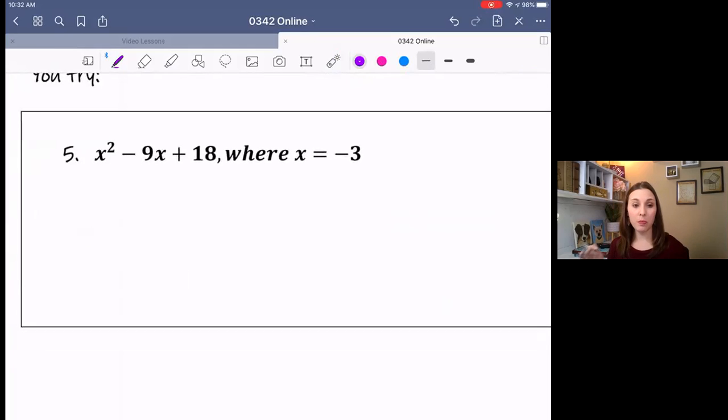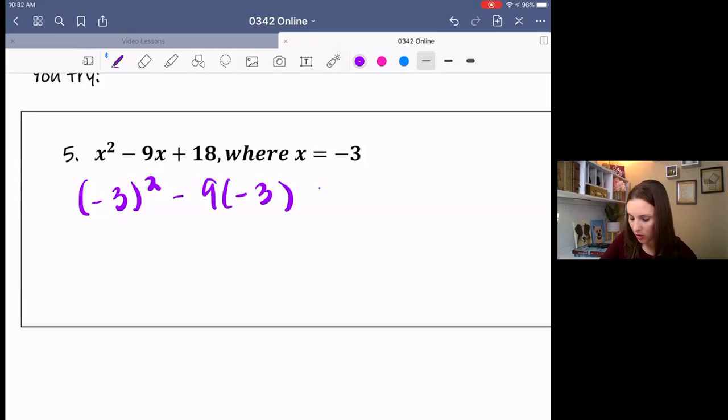Now you try again, pause it, work on it, come back. You should get that when you substitute it in. Negative 3 squared, careful here, is positive 9 because negative times negative makes a positive.